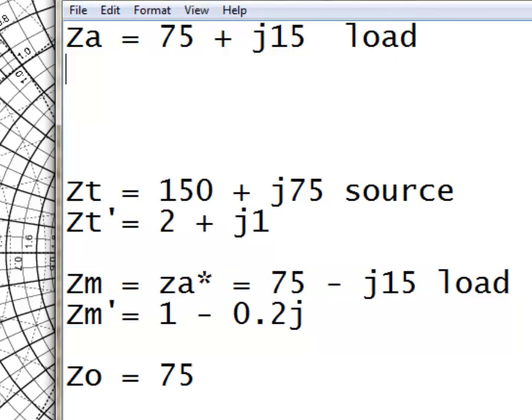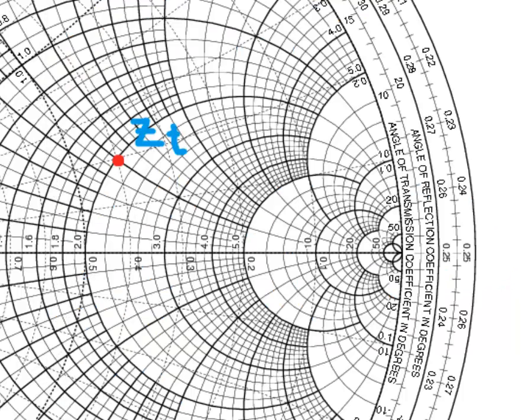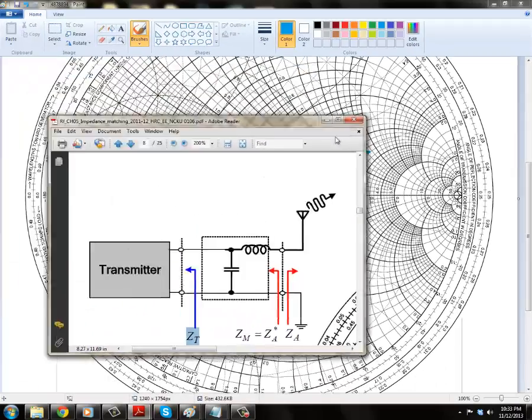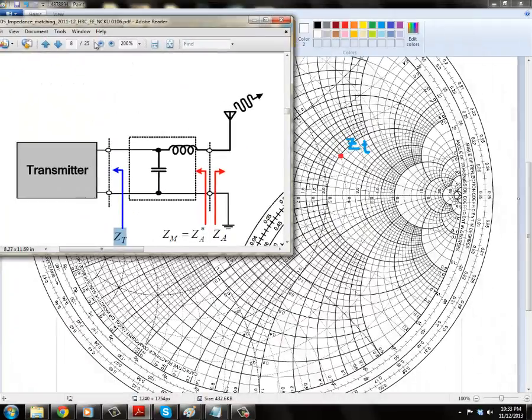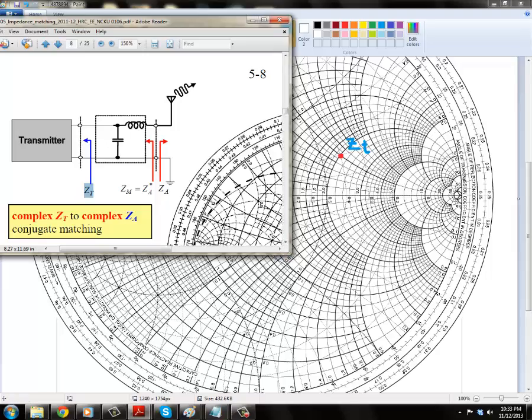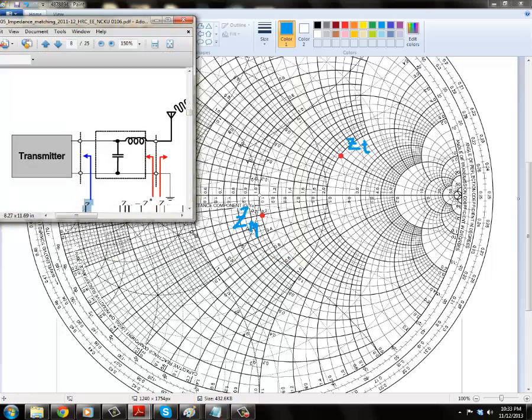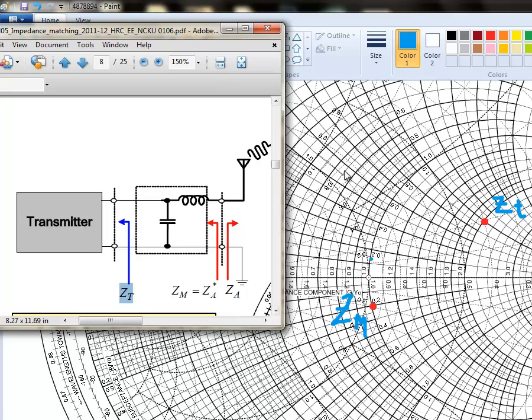Now we'll move according to our diagram. If we see our diagram, and we are moving from our transmitter side, we see that we have a capacitor in parallel with the transmitting impedance. This means that we will have to move on our white circle, not the Z circle.